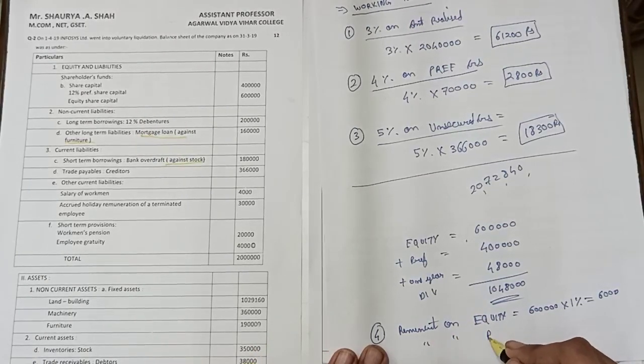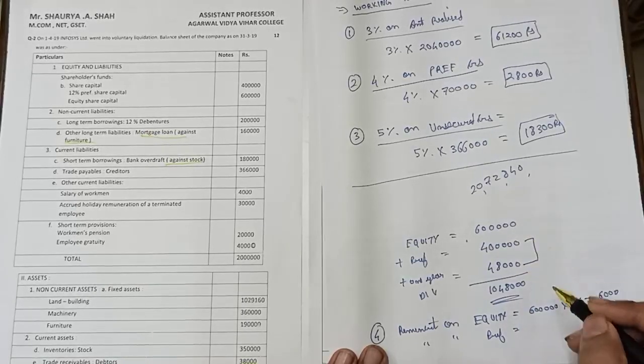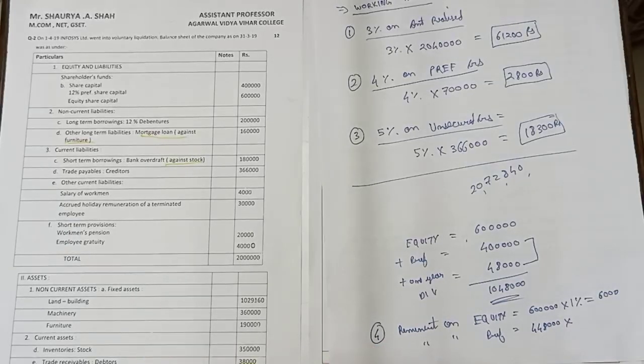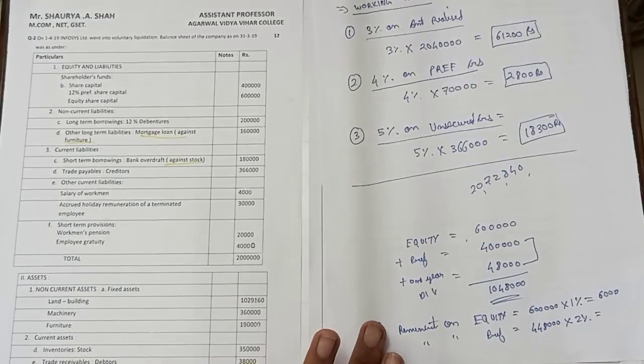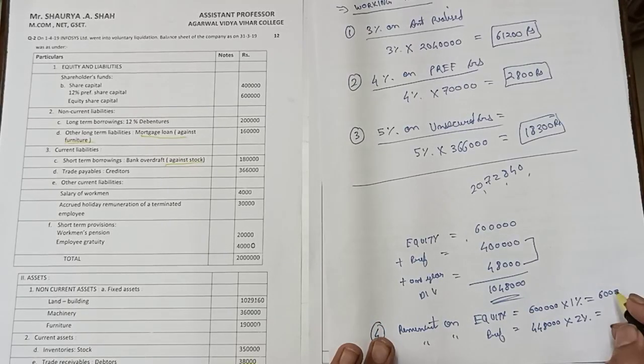Remuneration similarly on preference: how much are we paying to preference in total, dear students? 4,48,000. So 4,48,000 into 2%, just calculate it. It gives me the amount of 8,960.